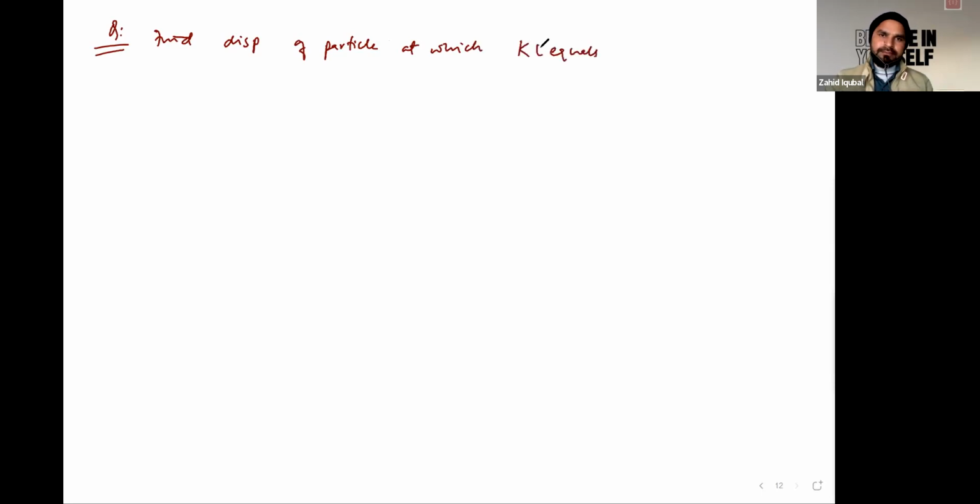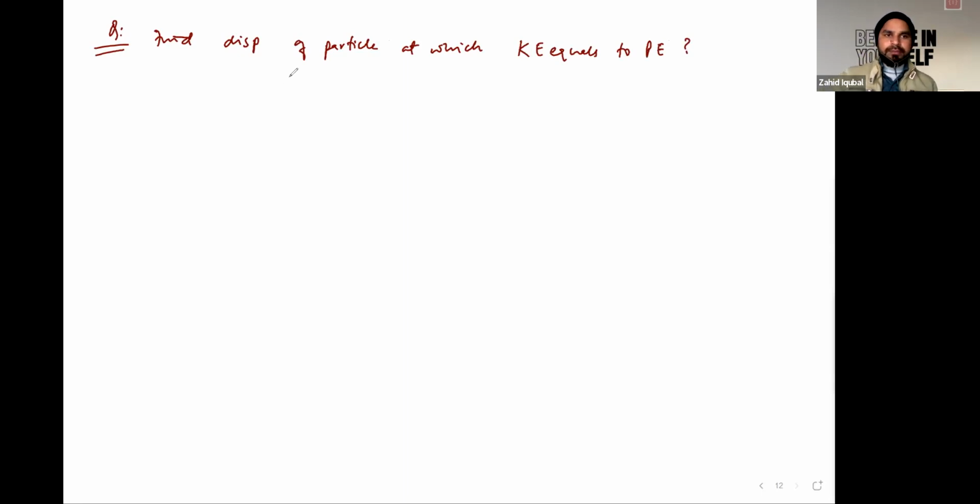So from this entire part, you'll be asked some different questions. First, find the displacement of the particle at which kinetic energy equals potential energy.